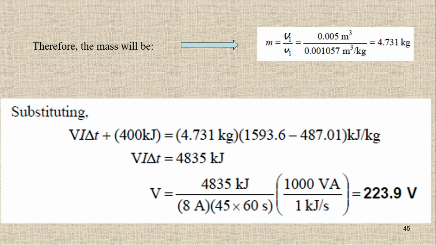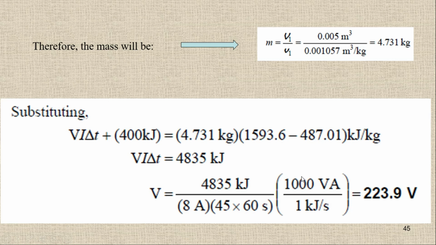So this is kilo, 4835 kilojoule. When you are going to find the voltage, you have to divide this one by this one. So 4835 divided by I times delta T. We have 8 amperes times 45 minutes times 60 seconds.